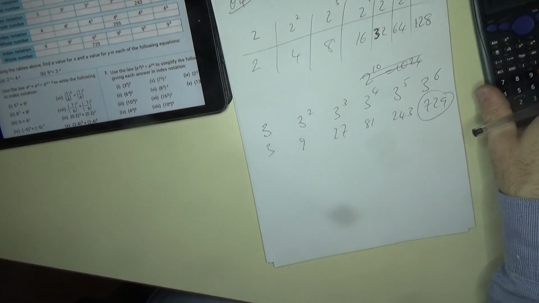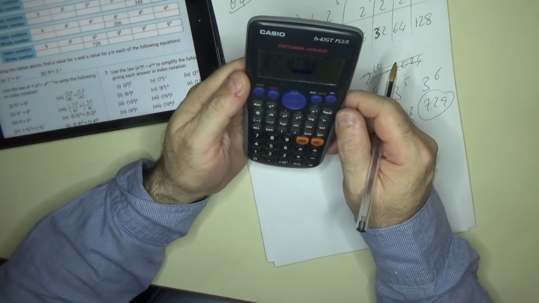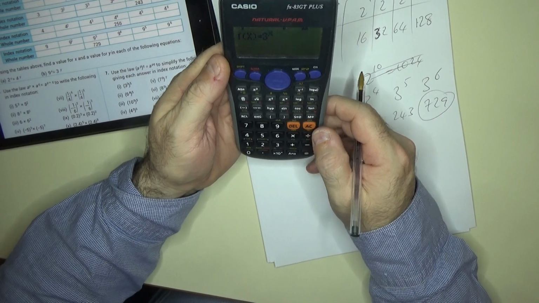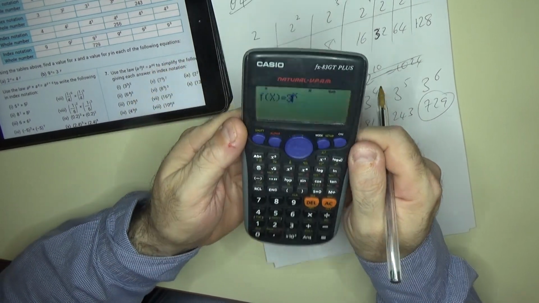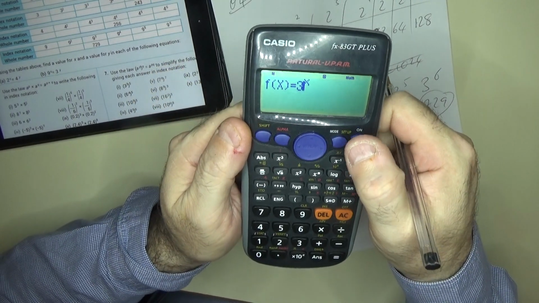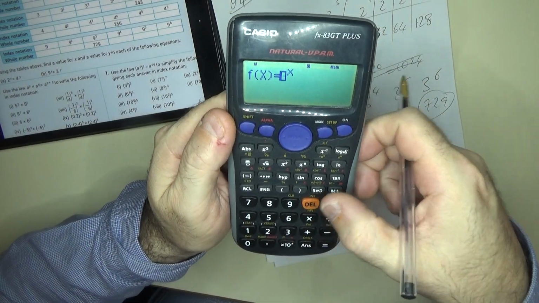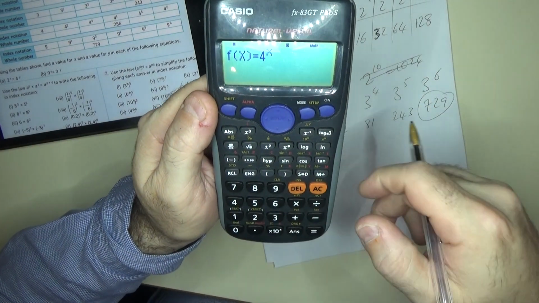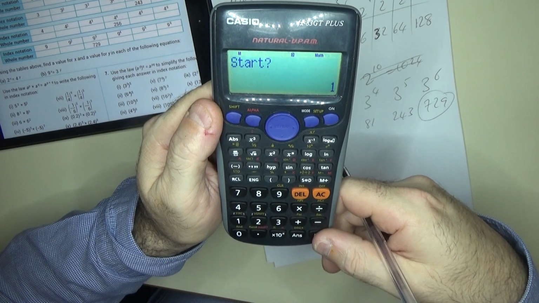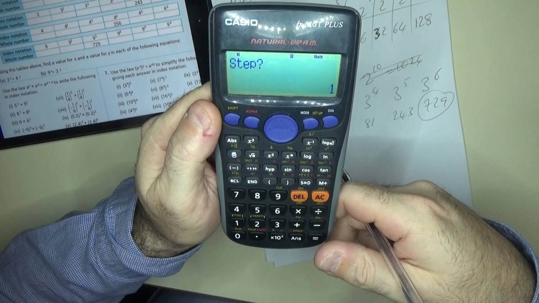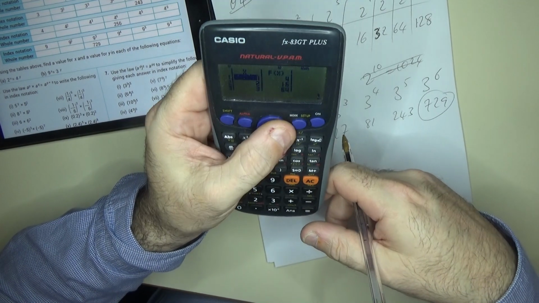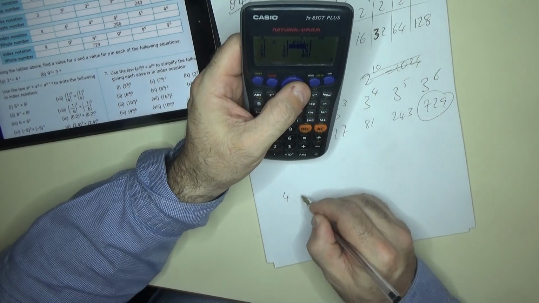Now I can do the same with 4s, and indeed I can hit AC and turn that 3 into a 4. Okay, and then it's starting, ending with the same, everything else stays the same, and you basically get this series of numbers.